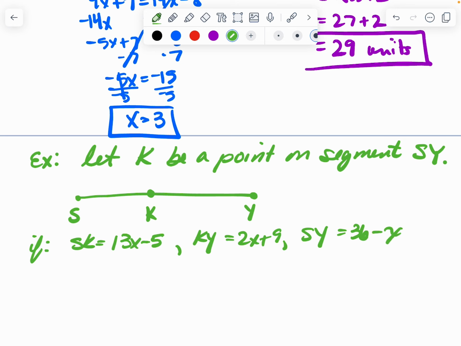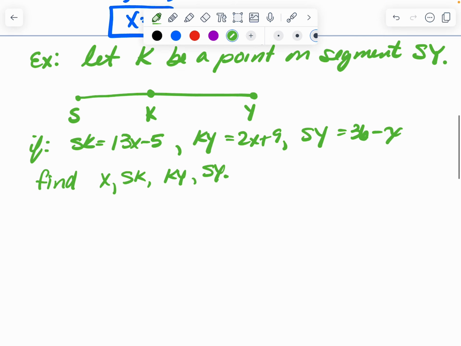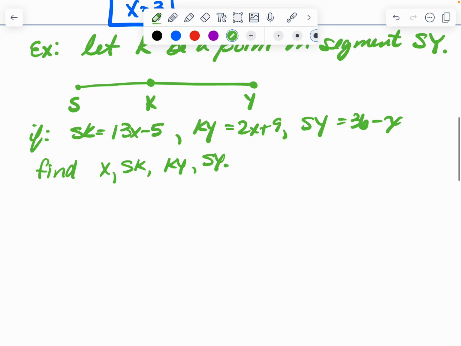I want to find all the pieces. Find x, SK, KY, and SY. That's a lot. I'm not only finding x with only expressions, but I want to know what all the different pieces are. So let's start by setting up the whole equation.